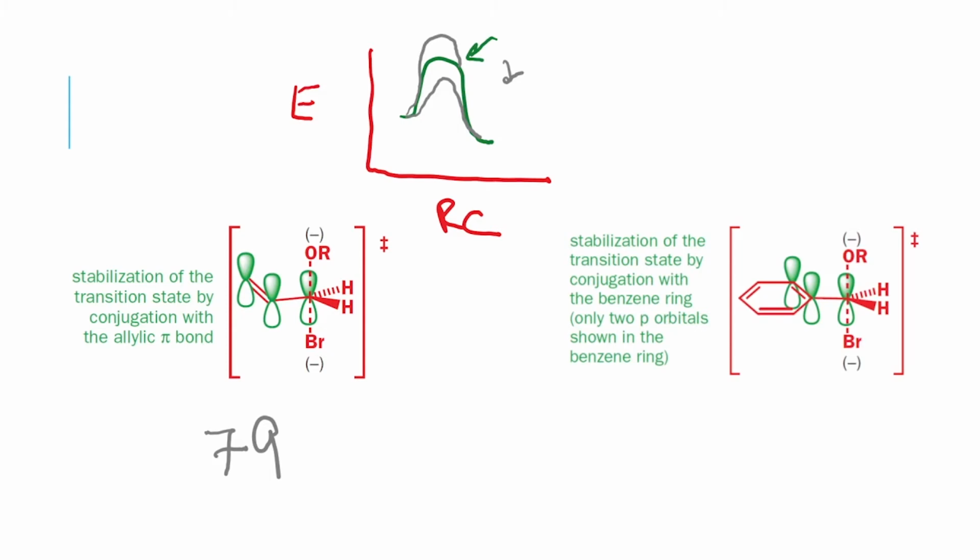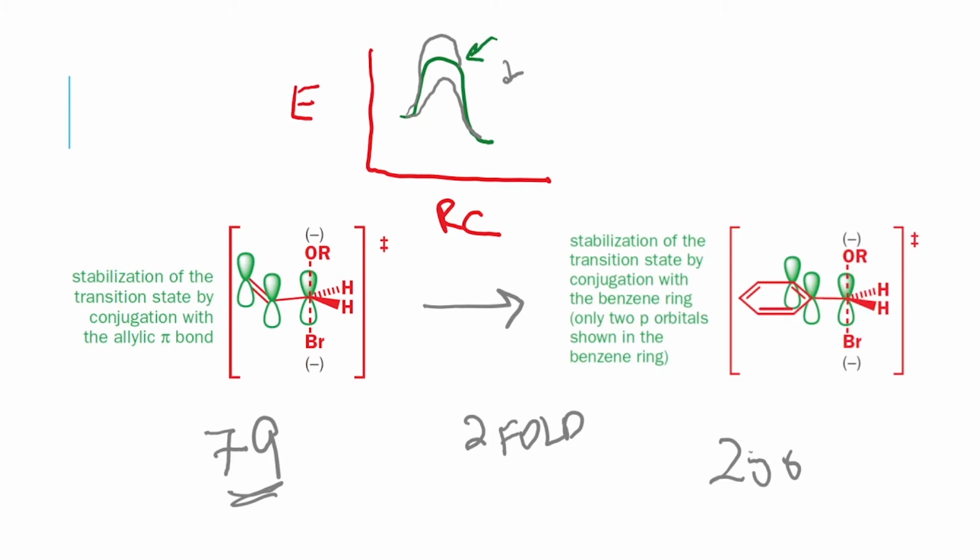So keep in mind the rate increase from here to here is only about twofold. Okay, so this is approximately maybe around 80 to 100, and this is 200, right? So it's only about twofold. So it's not like a huge increase in rate. So it's not something that we would want to spend too much time on, but there is some level of stabilization of the transition state by the extended conjugation.